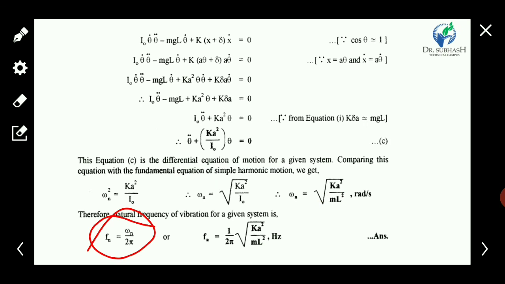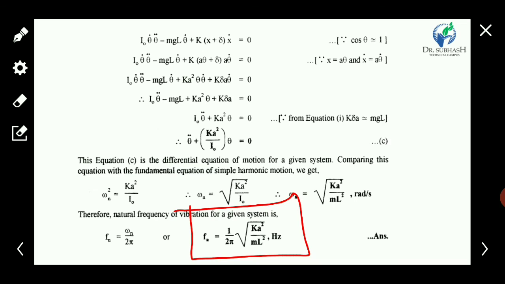Now for the natural frequency, fn is equal to omega n upon 2 pi, and you put the value of omega n. This is the final equation of the natural frequency of the given system. If you put the values of stiffness, mass and pendulum length l, then we can find the natural frequency of the pendulum.